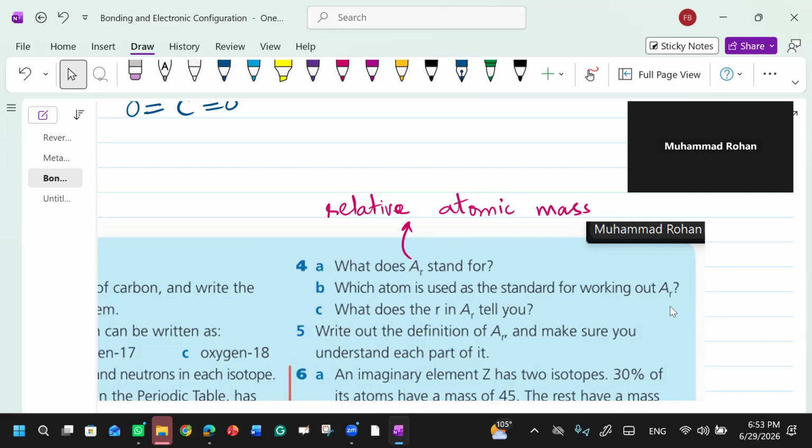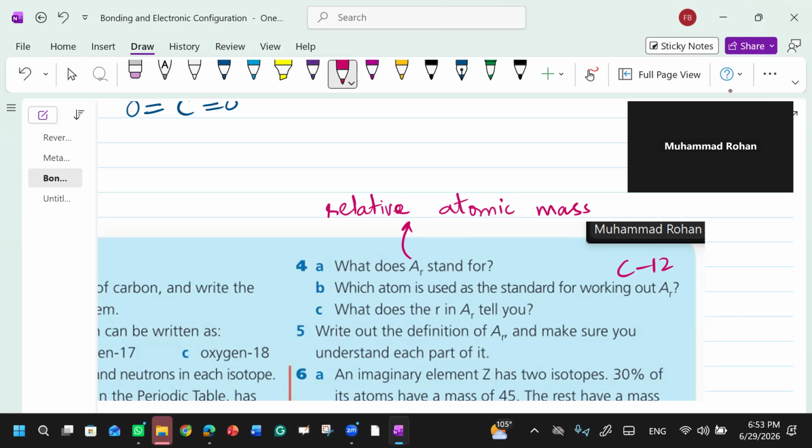I told you carbon-12. We always compare the other species with carbon-12. So which atom is used as standard? Carbon. Even if it's oxygen, we always compare it with carbon. Every other atom of an element will be compared with carbon-12.